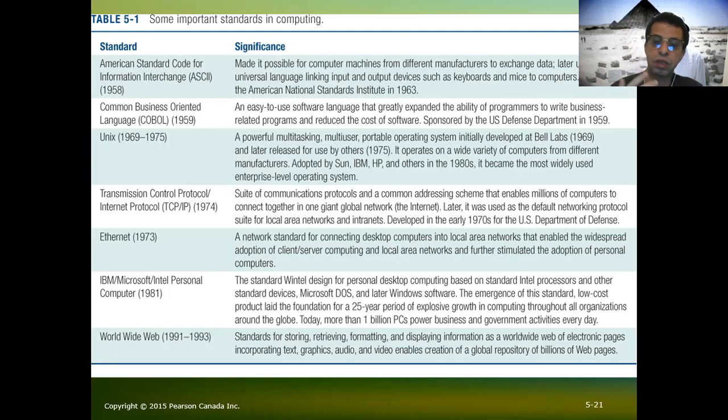And as we said, Microsoft DOS later became Windows software. The emergence of the standard low-cost product laid the foundation for 25 years of explosive growth in computing through the whole organization around the globe. Today, more than 1 billion PCs power business and government activities every day.